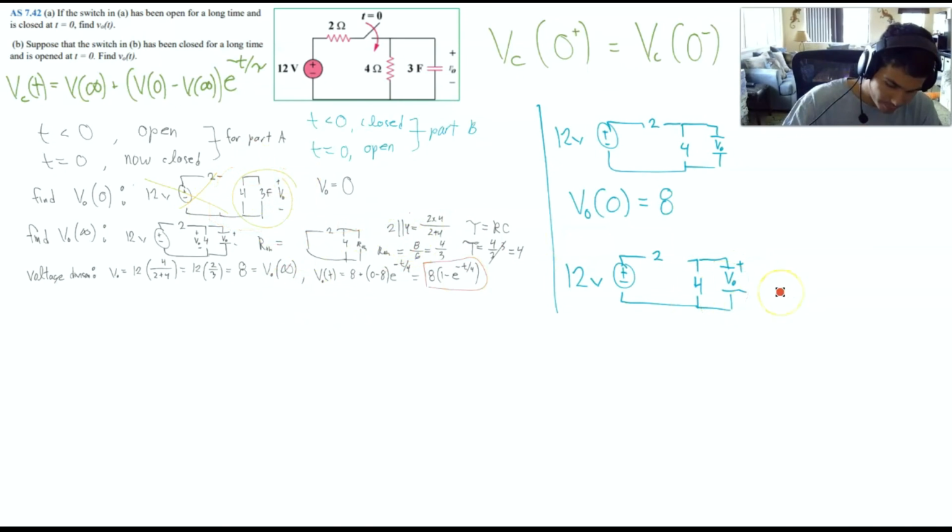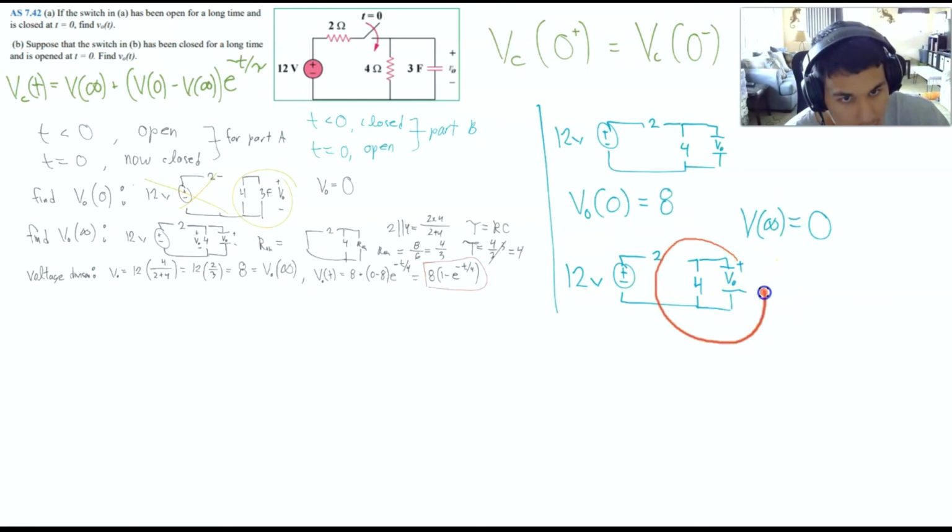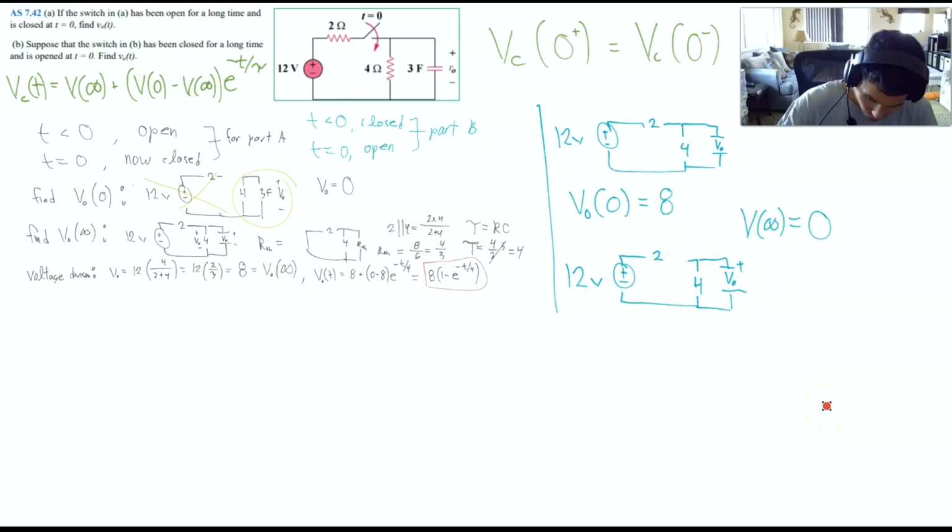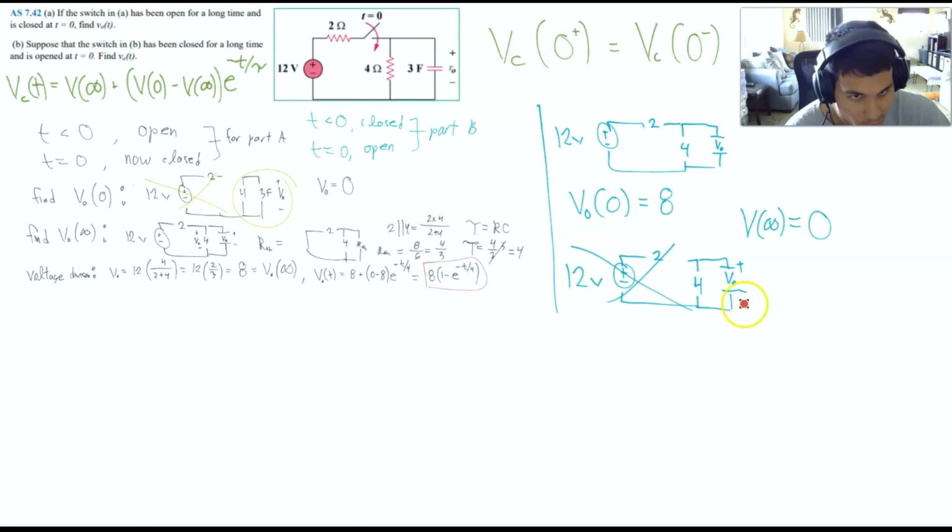Well, in this case, we call it V of infinity. It's going to be 0, right? If you just focus on this part, so literally disregard that part because it's open anyway, so it doesn't even matter, right here this is going to be 0. This is just KVL, it tells you it's 0.